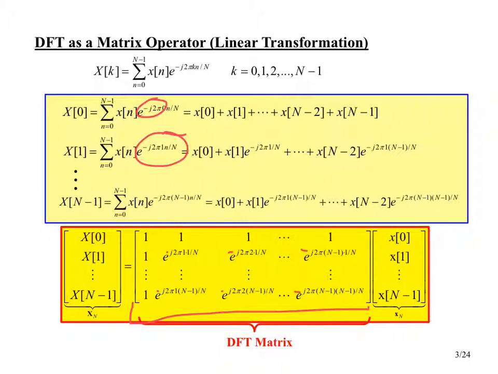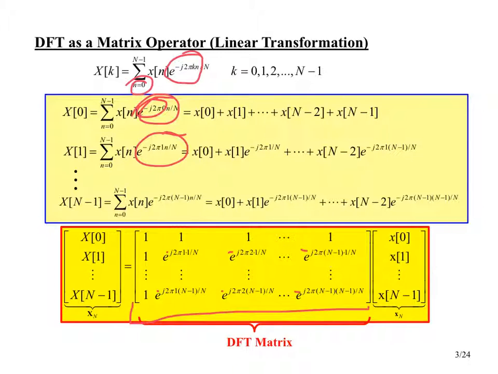The top row is the e to the minus j 2 pi kn over N evaluated for k equal to 0, and then as we sweep across, we're going through the different values of n. Then the next row down is for k equal to 1, and n going from 0 to n minus 1, and so on.